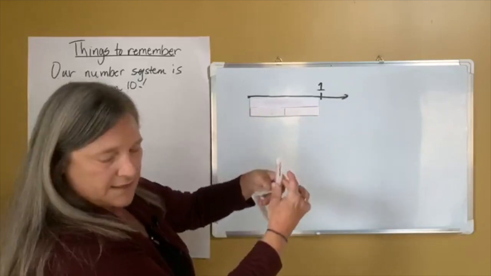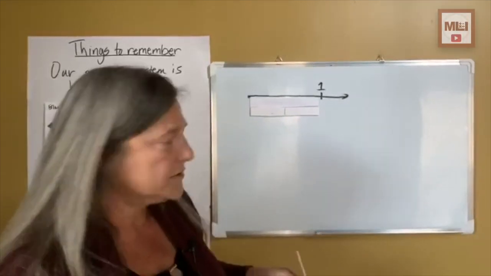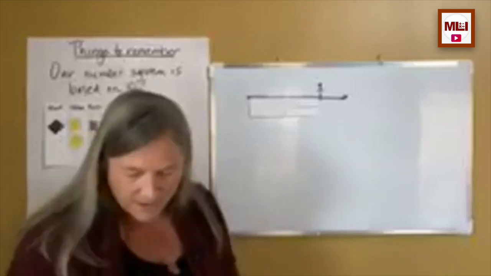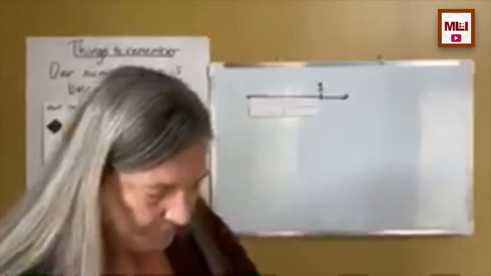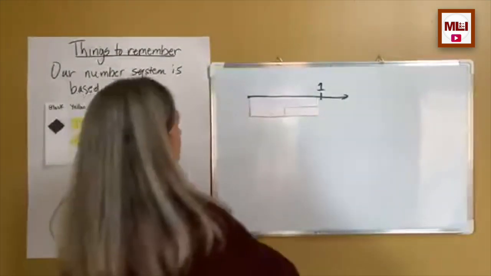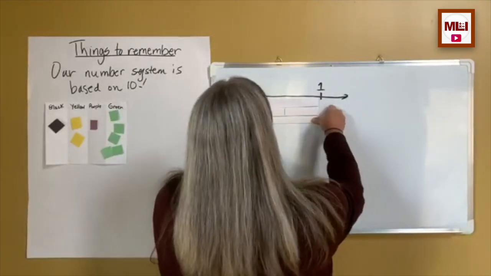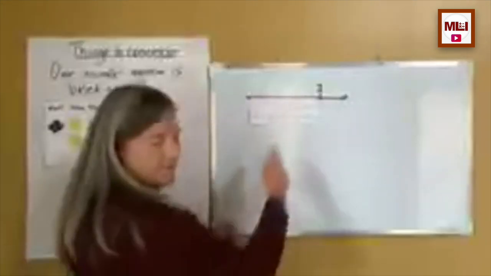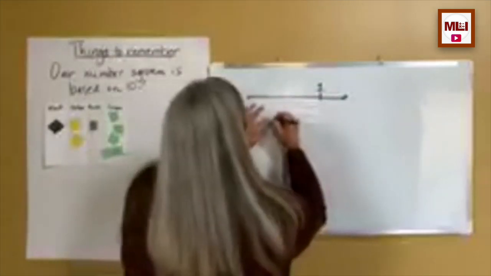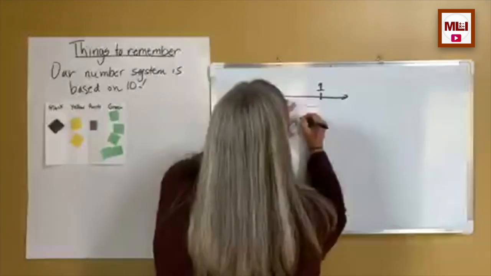So these are 3s, otherwise known as thirds. So let's put up our thirds. And you'll notice that all of them are the exact same length. That's really important, that they're all the exact same length.